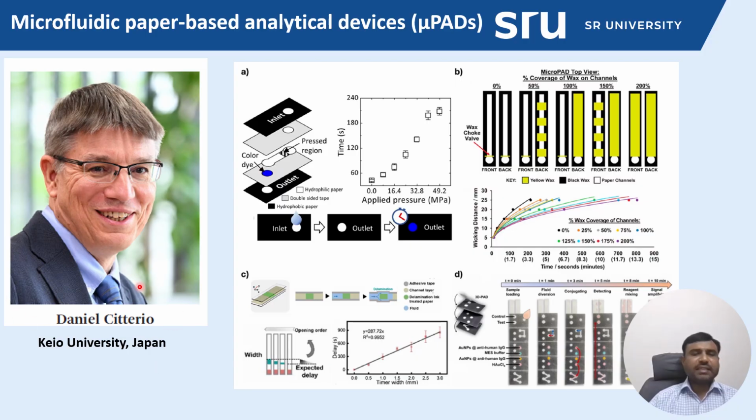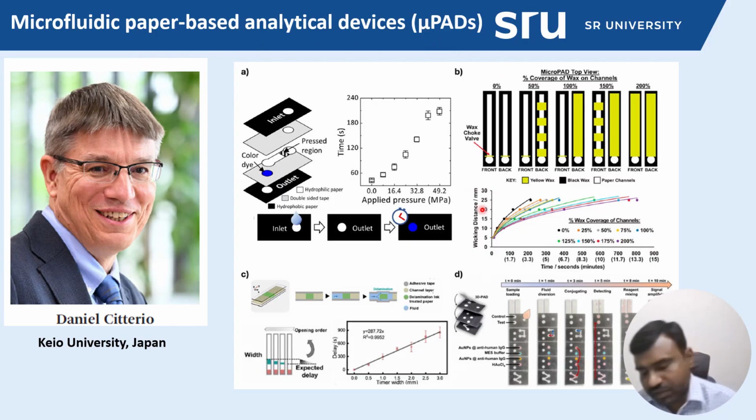He has done extraordinary work on this microfluidic paper-based analytical device. He is also one of the chief editors of the journal Sensors and Actuators. He has developed different types of approaches. It can be detected by naked eye and by a colorimetric approach, and they have also developed an electrochemical approach. So different approaches have been used in the paper-based analytical device, which is called a micro-PAD.